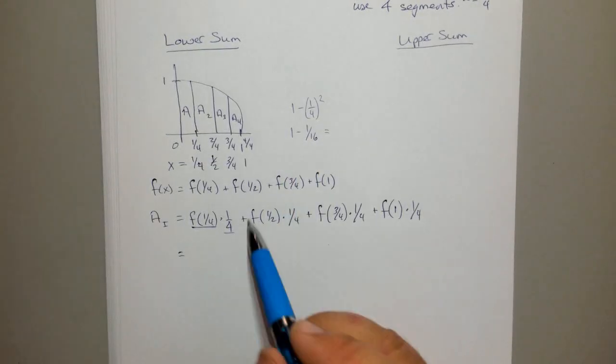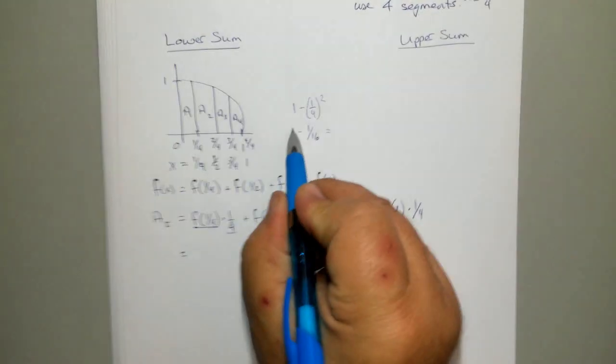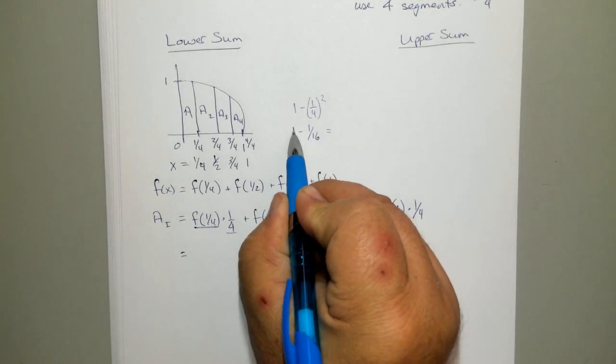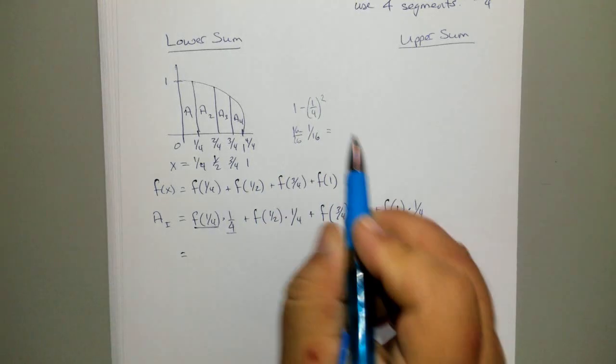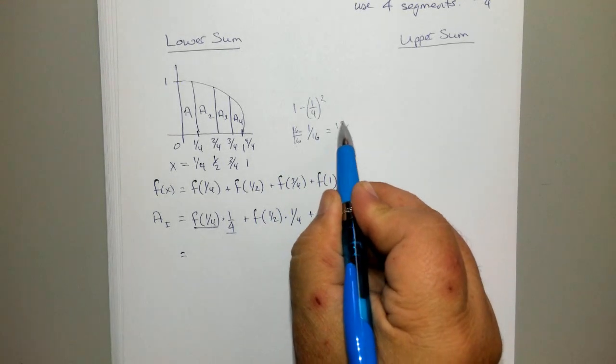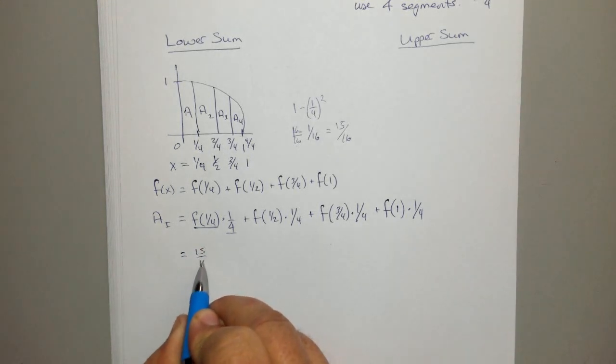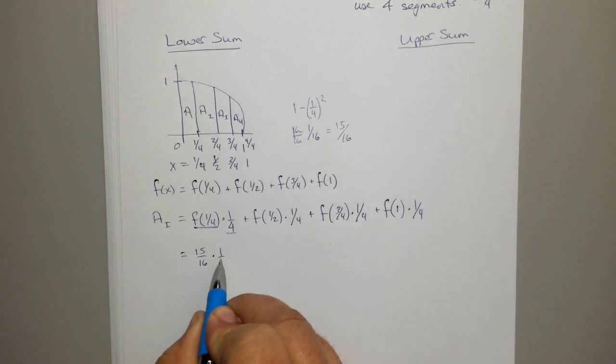The rule for subtracting fractions is they have to have what? So this 1 is the same thing as what? The common denominator is 16, so 16 minus 1 is 15. So it's 15 over 16 times 1/4.